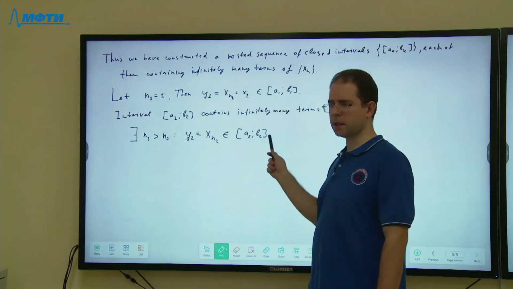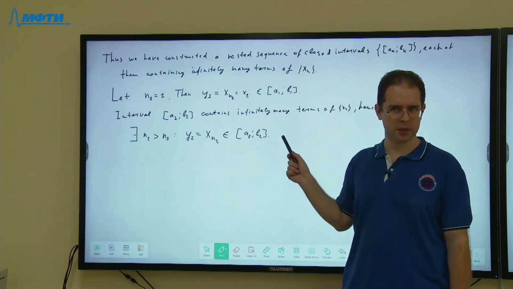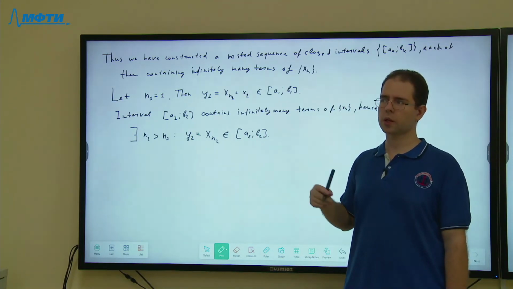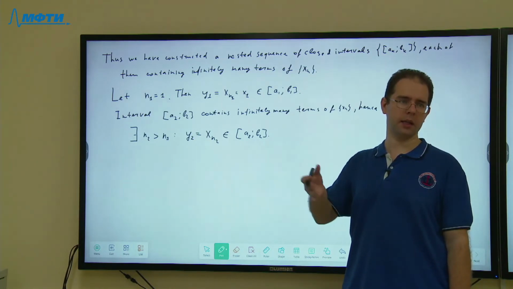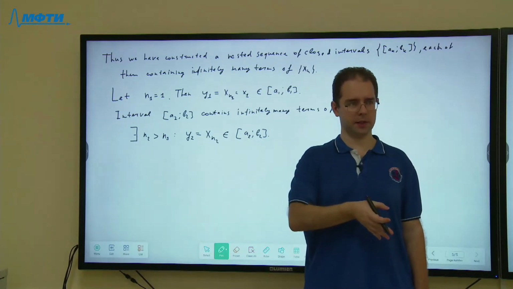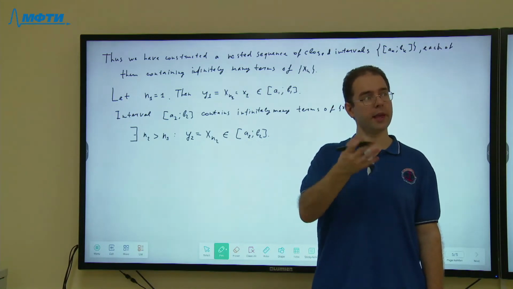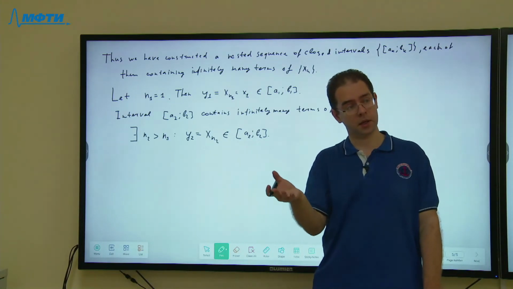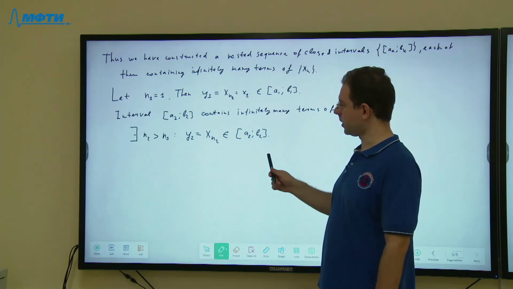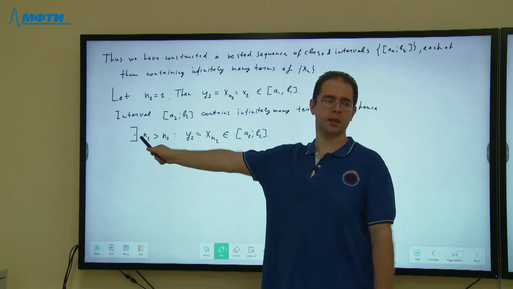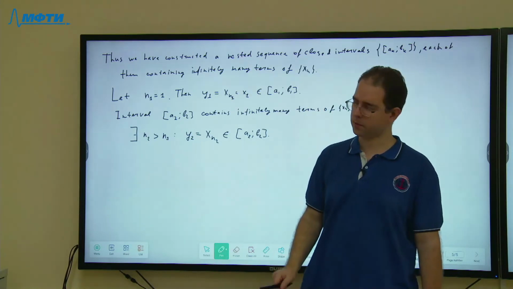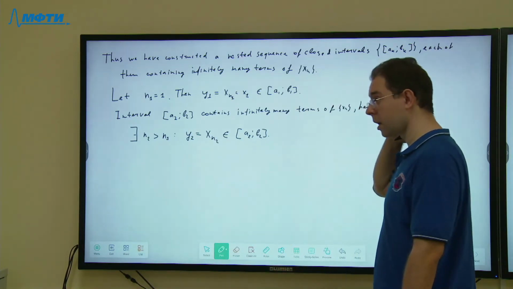This interval contains infinitely many terms of my sequence, and only finitely many of them could have an index less than some specific number. So there is at least one, actually infinitely many of them, that lay on this interval that have indices greater than that specific number. For example, this one.